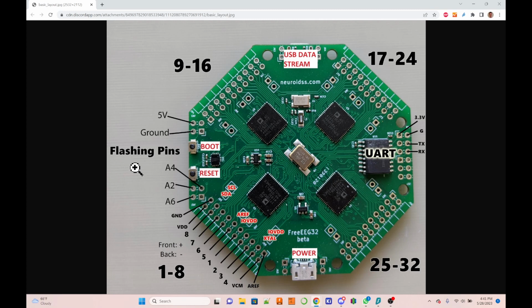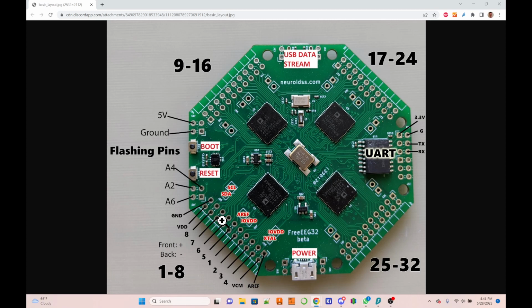FPZ is in the middle, slightly high up on the forehead. In other positions, other headsets will have it all the way on the top of the head. OpenBCI actually connects it to one of the earlobes, which I don't agree with.